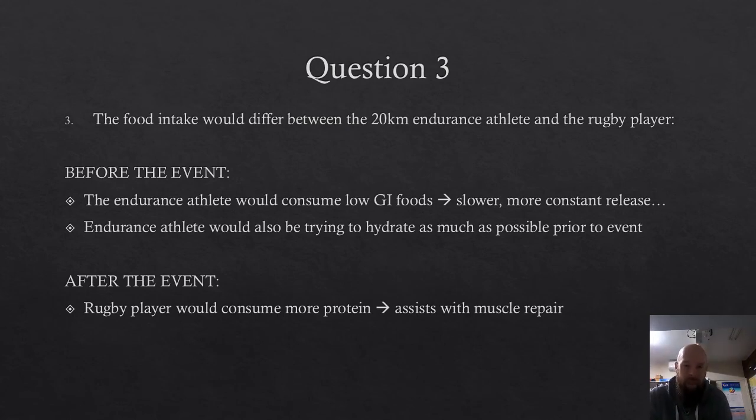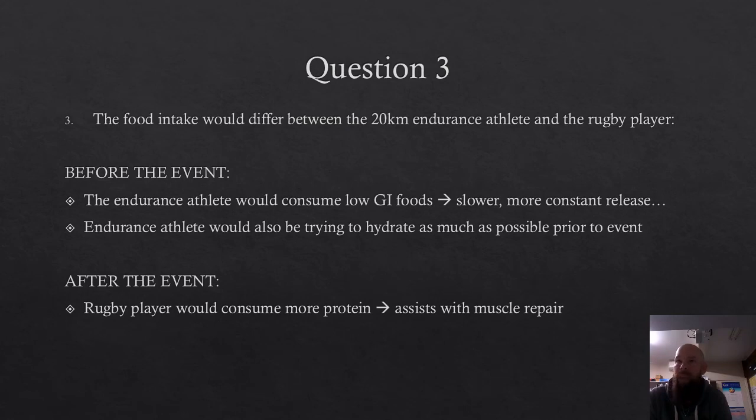The rugby player is going to have more of a diet that's high in protein to assist with any muscles that may have been microscopically torn as a result of the event, the game, training session, whatever it might be. They won't be carbohydrate loading.